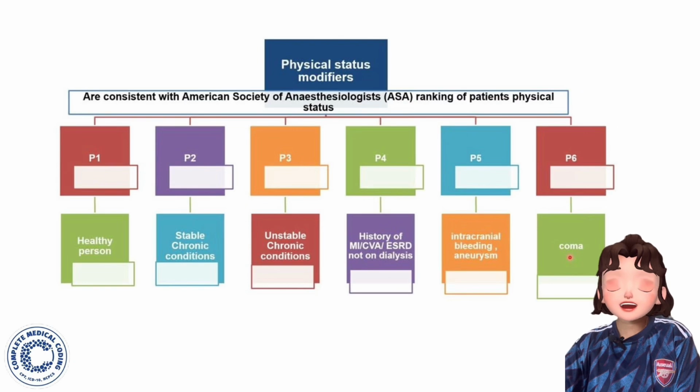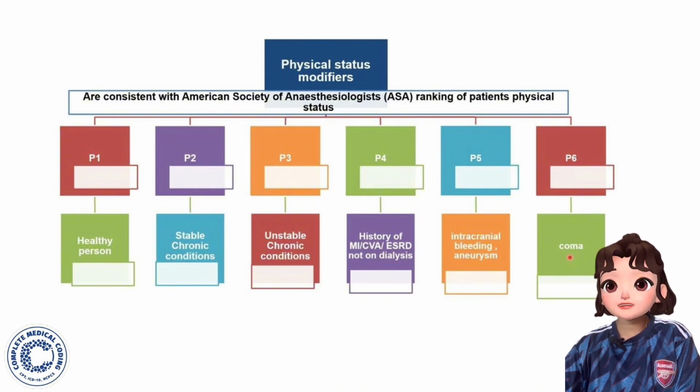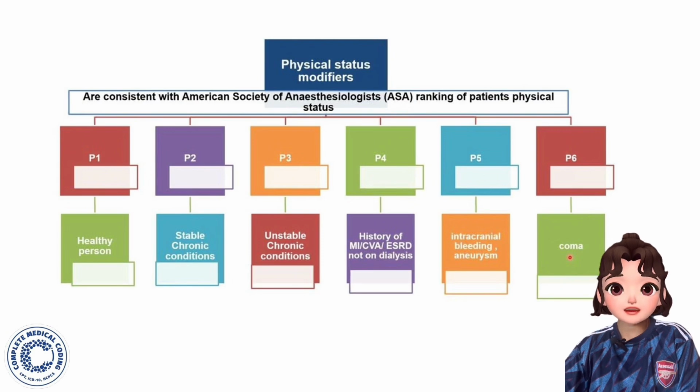Now, physical status modifiers. Physical status modifiers are consistent with the American Society of Anesthesiologists, ASA, ranking of patients' physical status. There are 6 physical status modifiers, P1 to P6. This is also important; you will get a question from this.